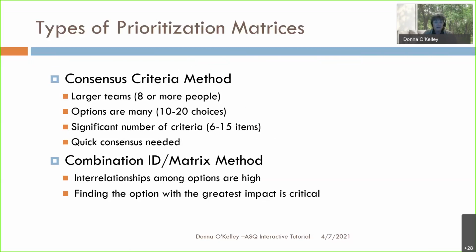With the combination ID matrix method, interrelationships between the options are very high. It won't be in the example that I'm going to show today, but sometimes you have options that cross each other as far as relating to each other, correlations. Finding the option with the greatest impact is critical. You don't have a lot of time or money, so you might use that method.